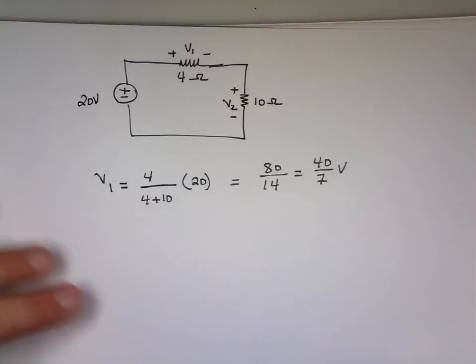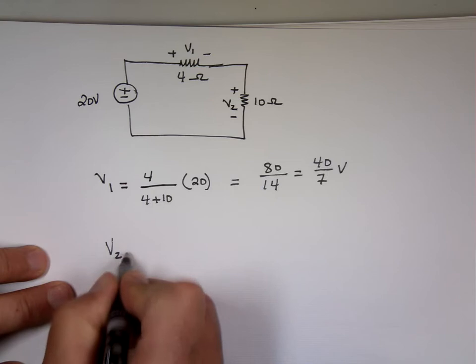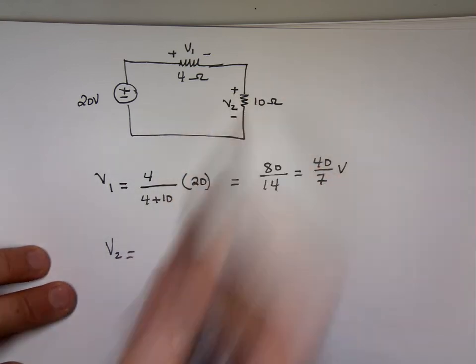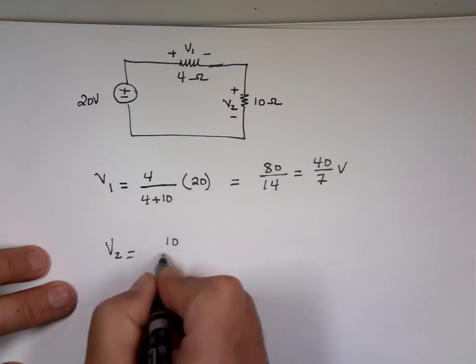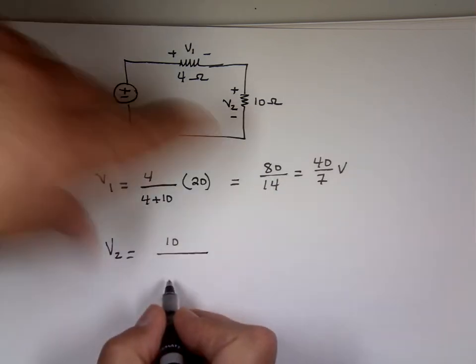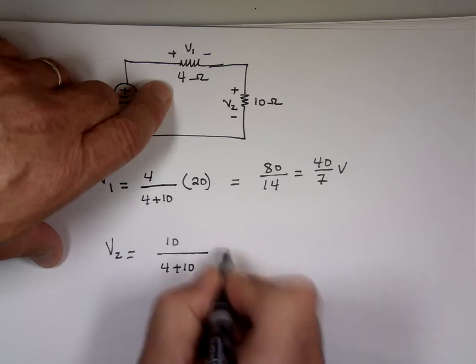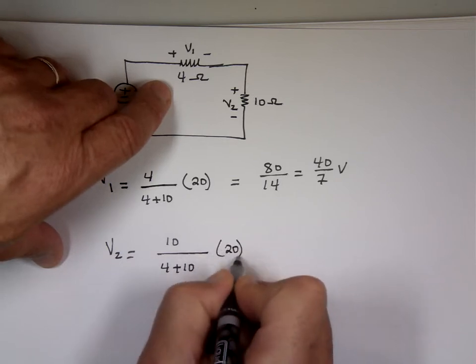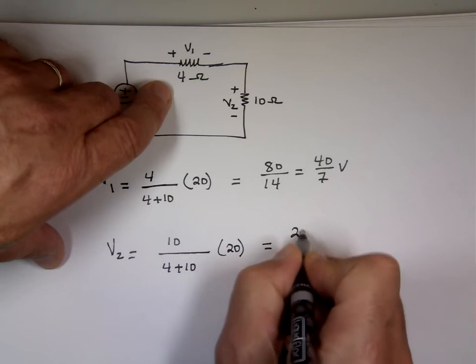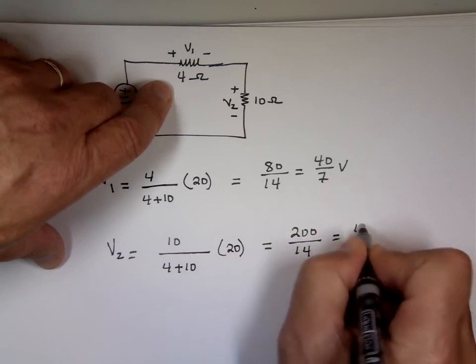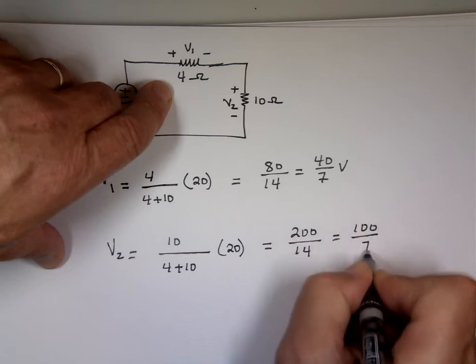If I'm looking for V2, V2 is this voltage, I'm going to use that resistor, which is 10 over the sum of them, 4 plus 10, times 20. That's 200 divided by 14, which is what? 100 over 7.